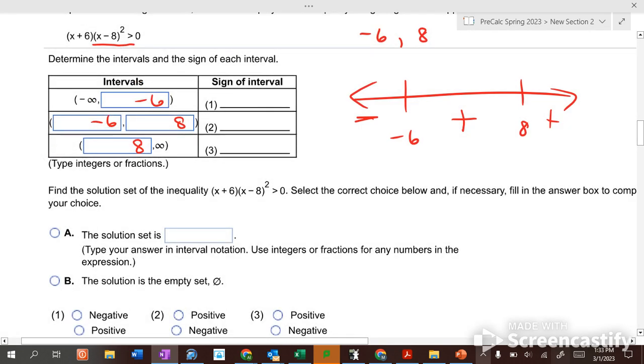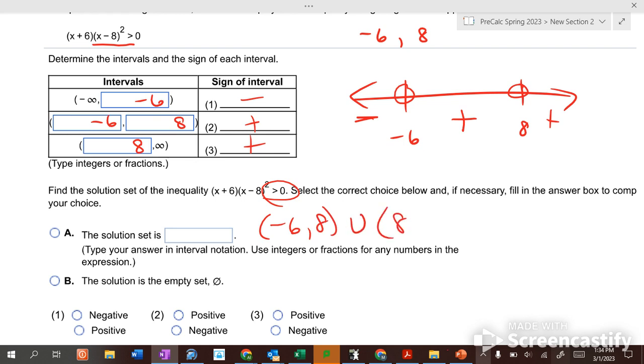Okay, so the sign of the interval is negative, positive, and positive. So find the solution set for where it's positive. Well, since there's an open circle here and an open circle here, your solution set in interval notation goes from -6 to 8 in union with 8 to infinity. Okay.